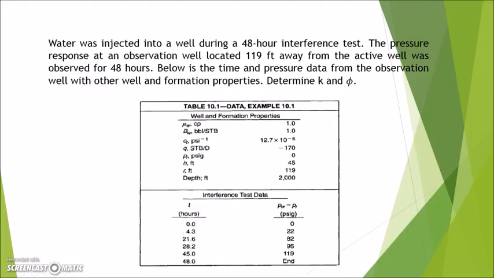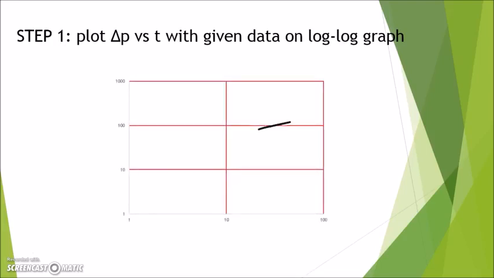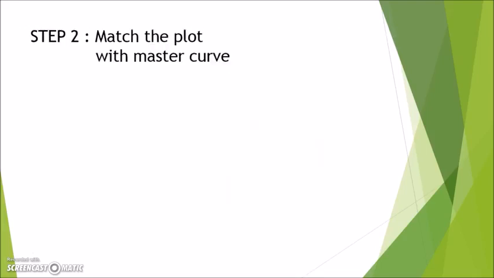Okay, now let's solve the example step by step. For step 1, plotting the graph in a log-log graph. This is the plotted graph we obtained from the data. For step 2, matching the plot with the master curve.